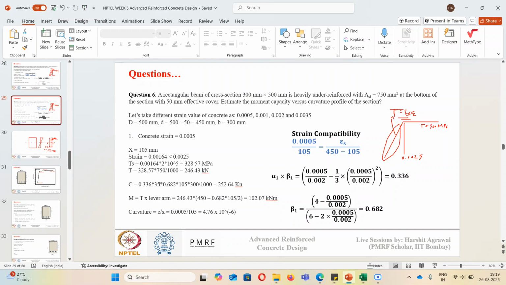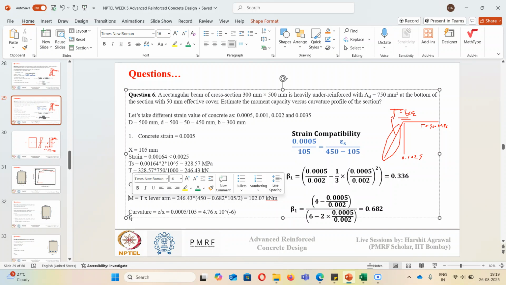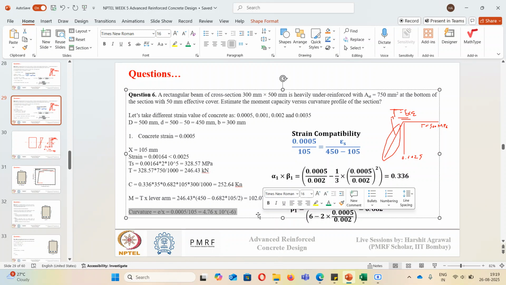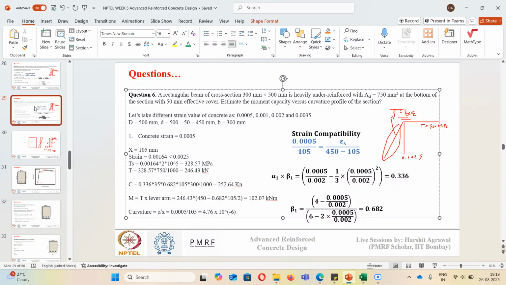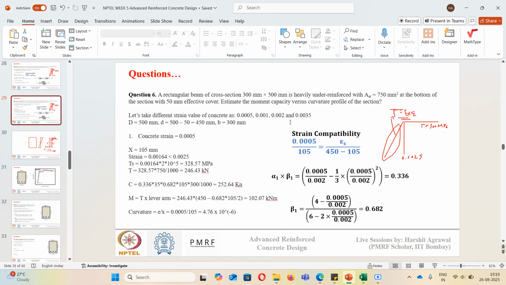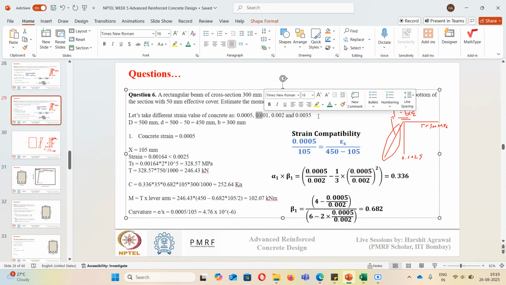Once they are equal, we calculate the lever arm distance, the moment, and the curvature at the bottommost fiber. Now the same process we can repeat for different strain values also: 0.001, 0.002, and 0.0035.